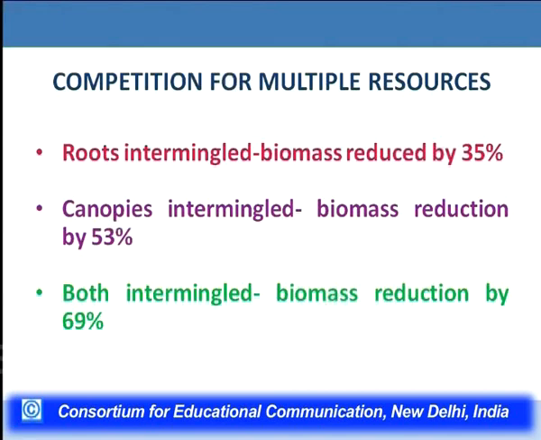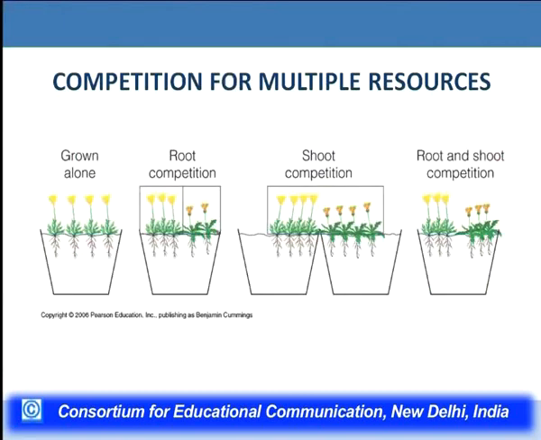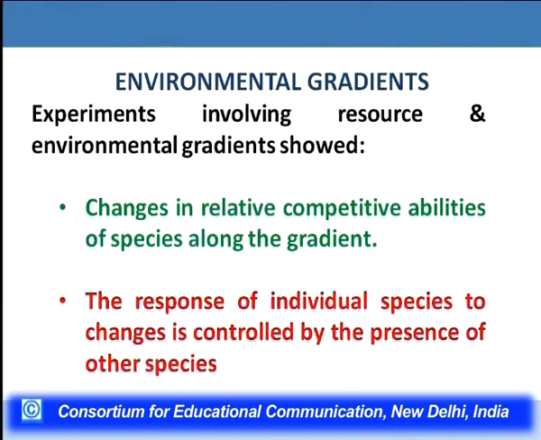If only canopies were intermingled, biomass of skeleton weed reduced by 53%, and if both canopy and roots were intermingled, there was a 69% reduction in biomass. So here we see that they might be competing for resources like sunlight or nutrients. When there is competition for multiple levels of resources, the effect of competition might vary in all these subsets.